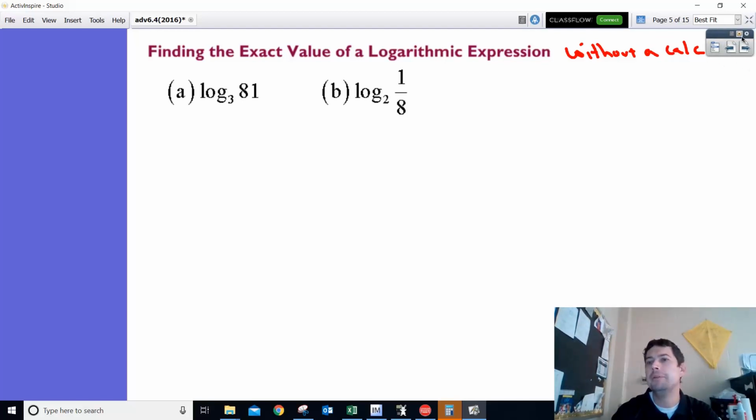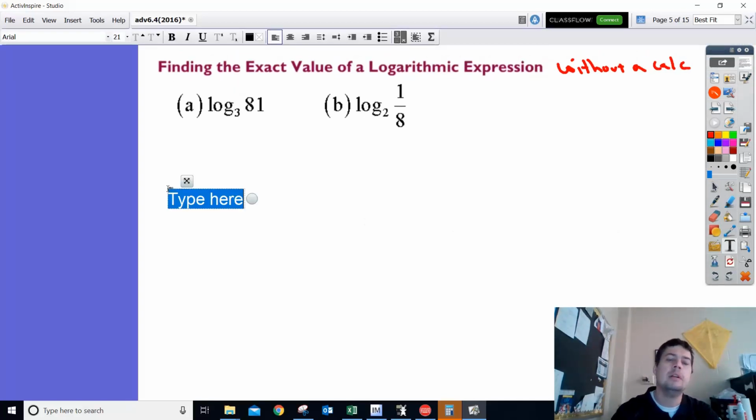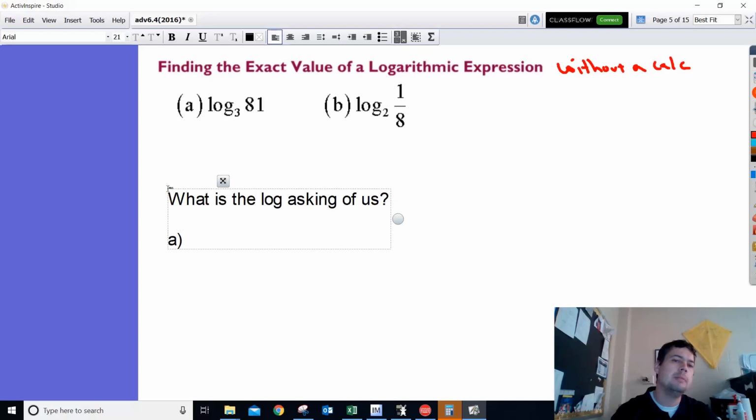What we'll do is go through both of them and define what each is asking, and then we'll worry about it. So the deal is, what is the log asking? Does anybody know what log base 3, answer 81, is asking? If you read it like that, log base 3, answer 81.